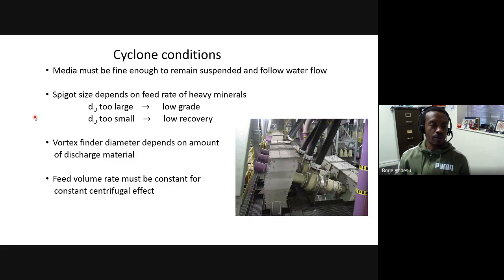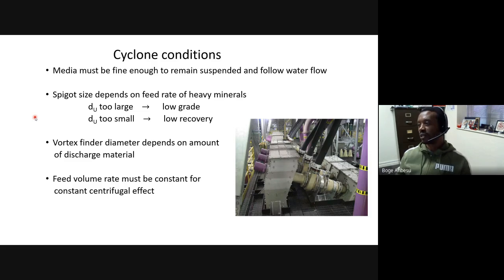So for that we typically use fine particles of magnetite, in this case, or ferrosilicon, typically sub 75 micron is used, and the particles that we're trying to process are way more than a millimeter in size. So there's a significant difference in size between the media particles and the actual particles we're trying to process. Okay, so that's one consideration.